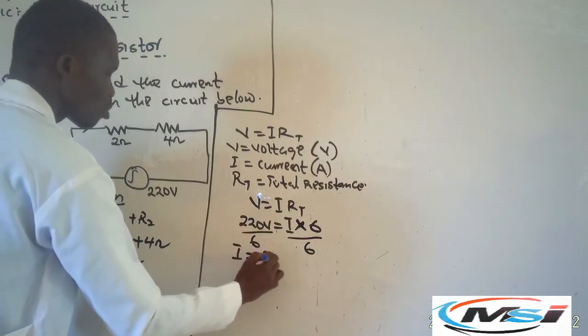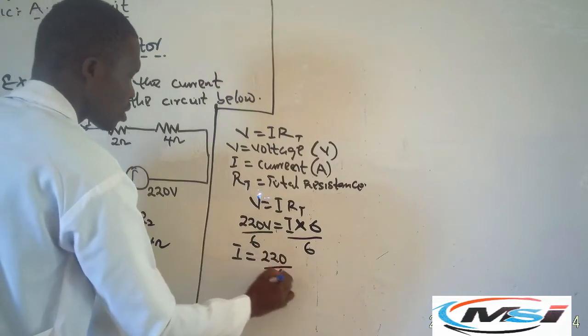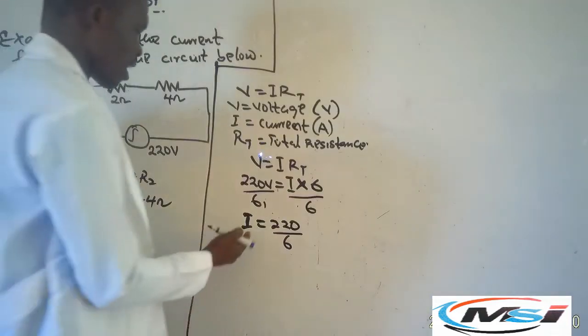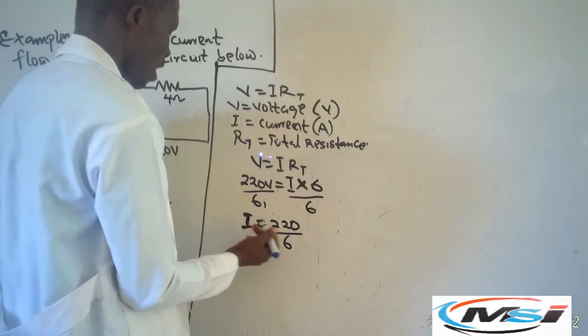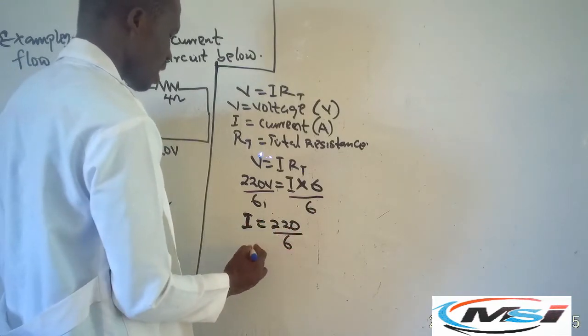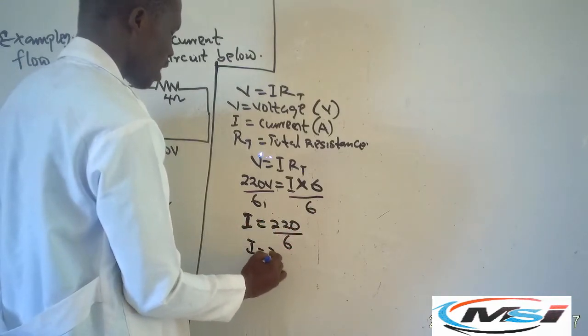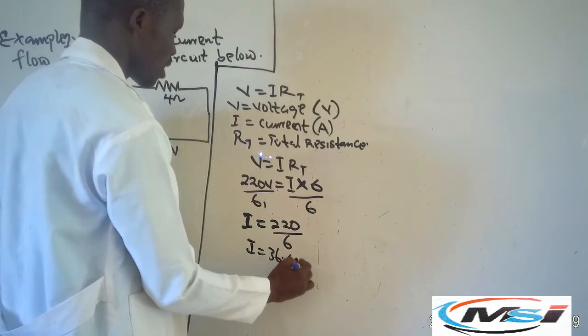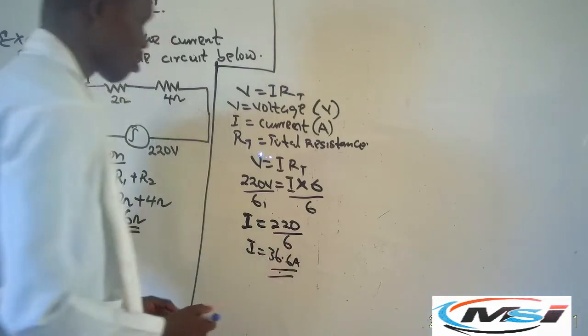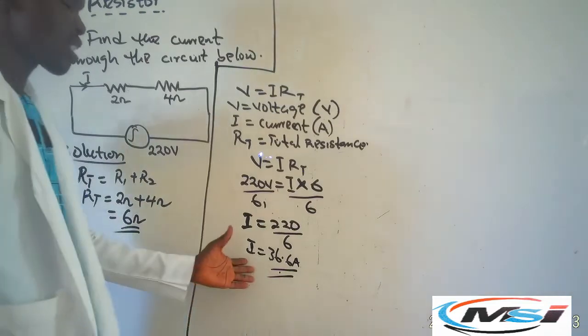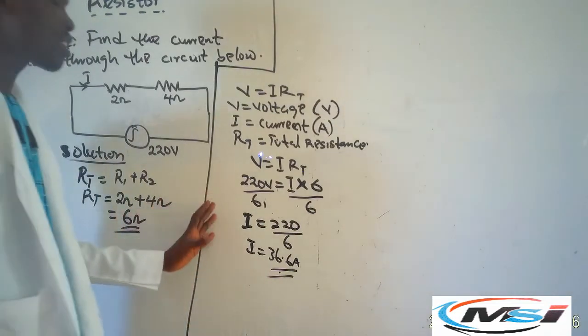Current will give us 220 all over 6. So this will give us 220 divided by 6. I will give us 36.6 amps. So this will be the current that flows through this circuit.